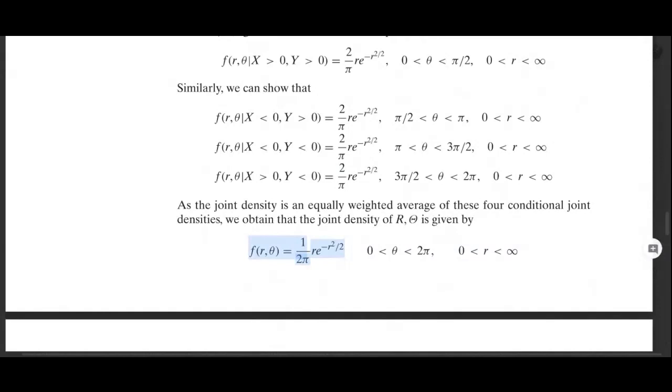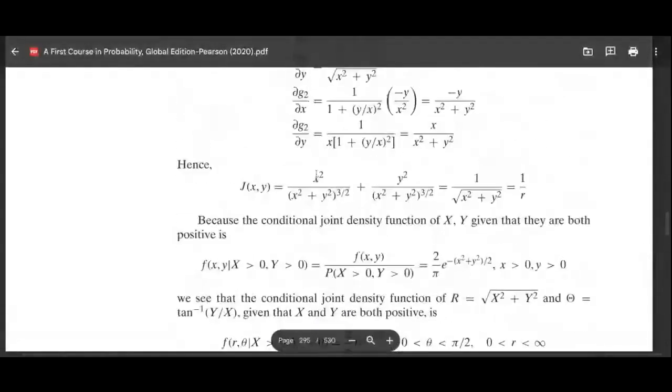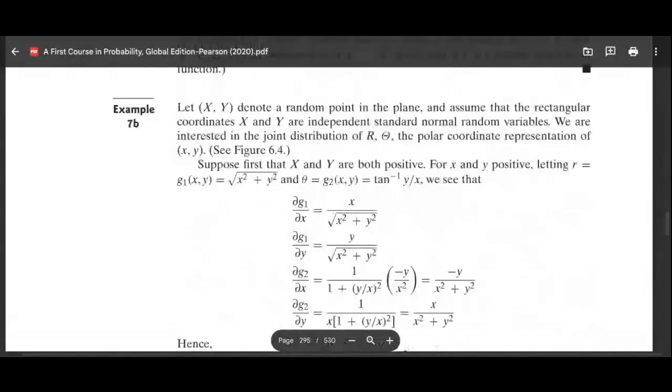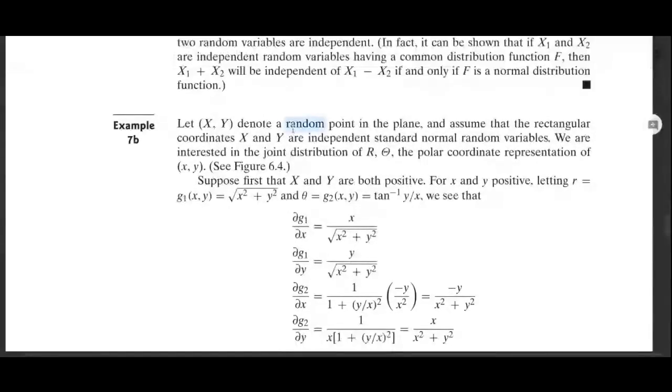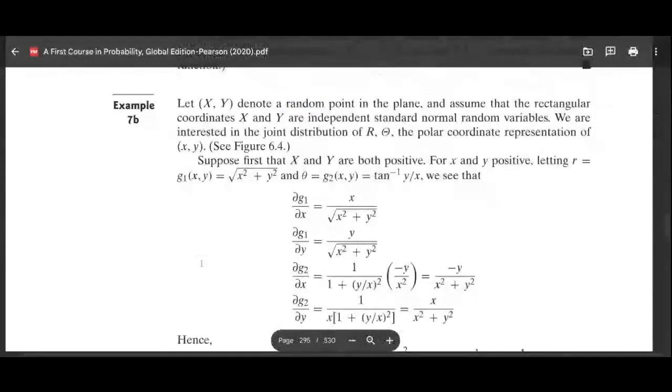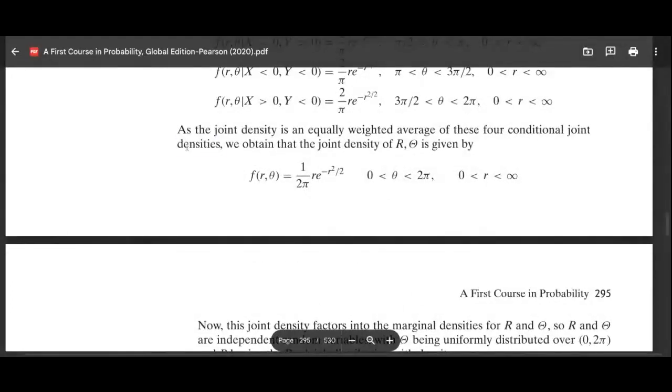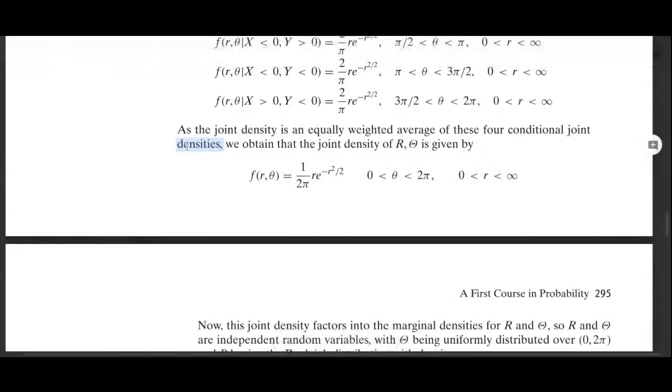Theta runs from 0 to 2 pi, and R is positive. So we have f of r theta equals 1 over 2 pi, r e to the negative r squared over 2. So that's the relation between the xy plane and the r theta plane. The joint density function in polar coordinates is this.